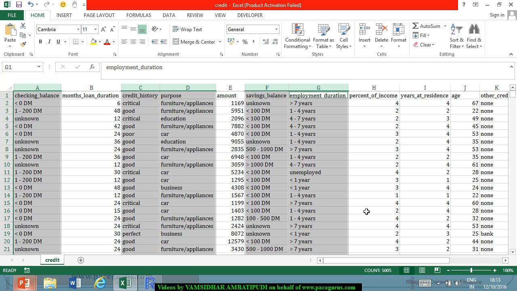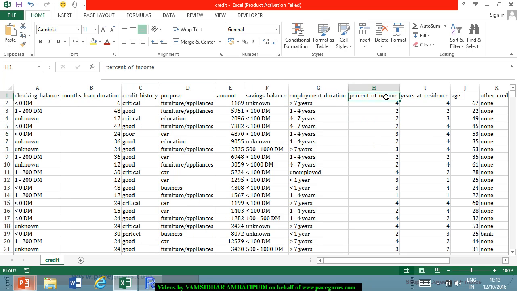So if I have to use all these variables for my KNN algorithm, I have to create dummy variables for each one of them. Then the percentage of income borrowed, 4%, 2%, 2%. The years at the current residence, 4 years, 2 years, 3 years.